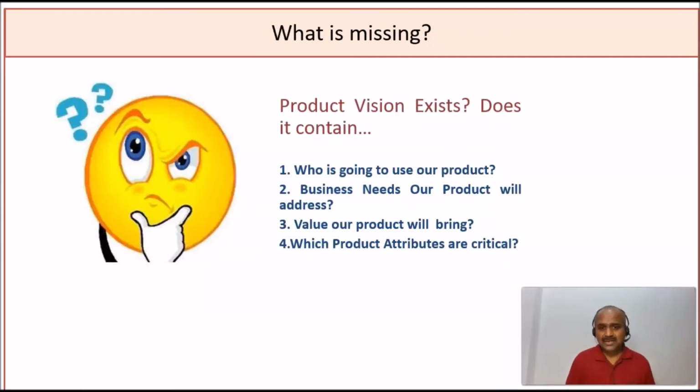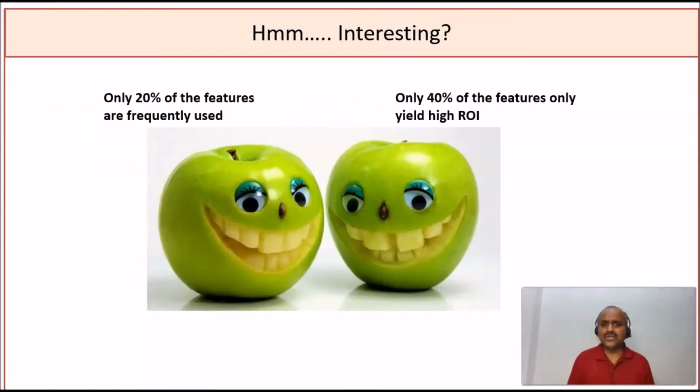Because we develop products and we invest a lot of money, it's quite interesting why only 20% of the features are frequently used. If you see Microsoft Excel, you have multiple features, but how many features do we use? We use very few.